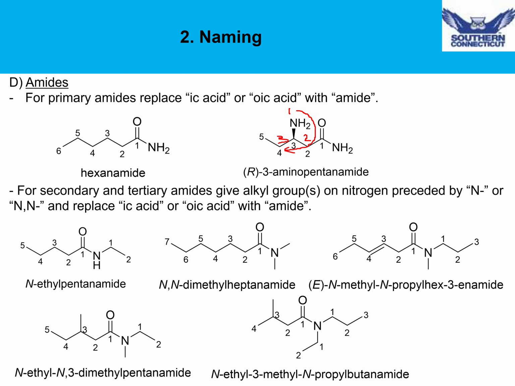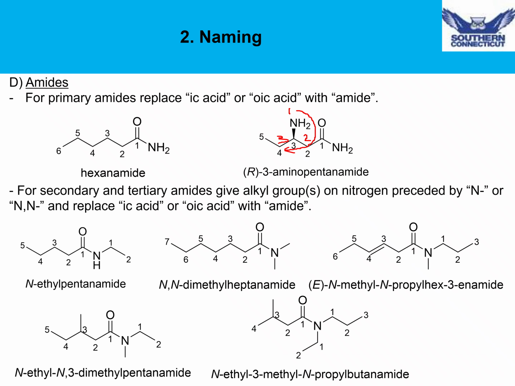For secondary and tertiary amides, it gets a little bit more complicated. When it comes to secondary and tertiary amides, we have alkyl groups attached to the nitrogen of the amide. And we indicate those groups by the locant N, meaning the capital N tells you that you have an alkyl group on the nitrogen of the amide.